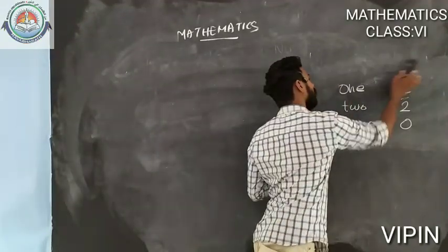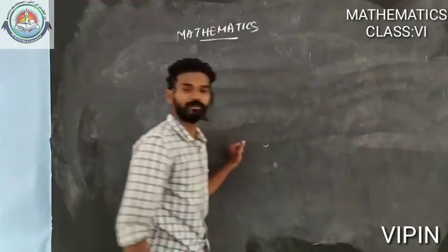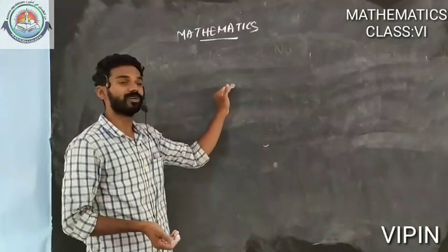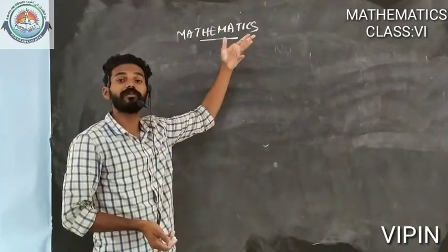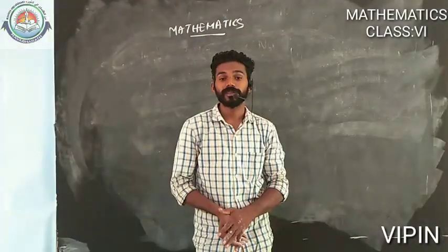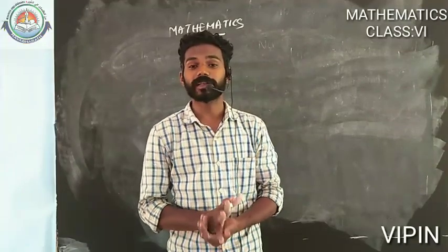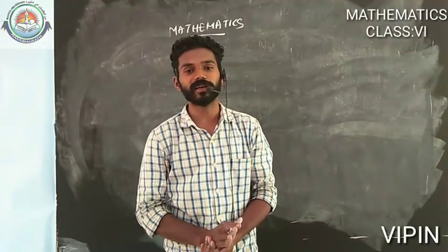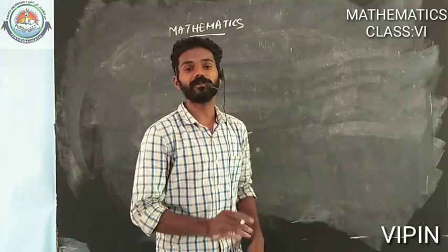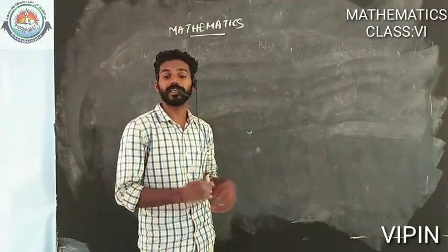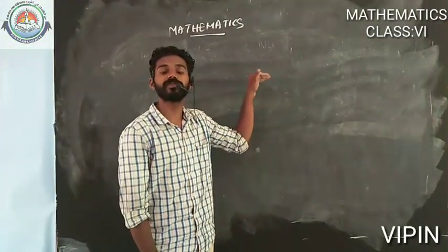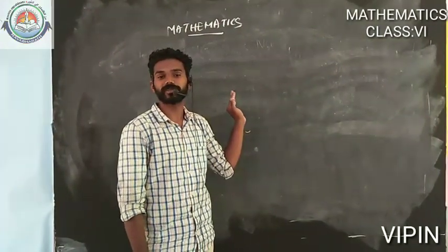So we can represent these whole numbers as well as the natural numbers on a line. The line that is used to represent the numbers is said to be a number line. Now we are going to represent the whole numbers as well as the natural numbers on a number line. A number line is simply a line that can be used to represent the numbers.